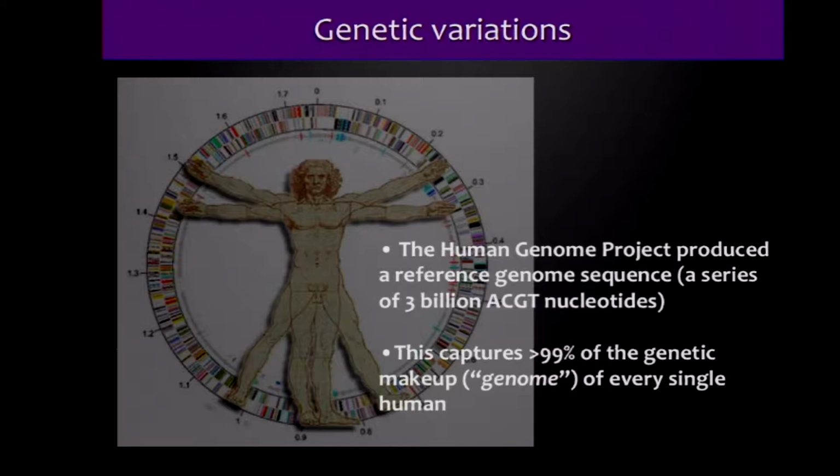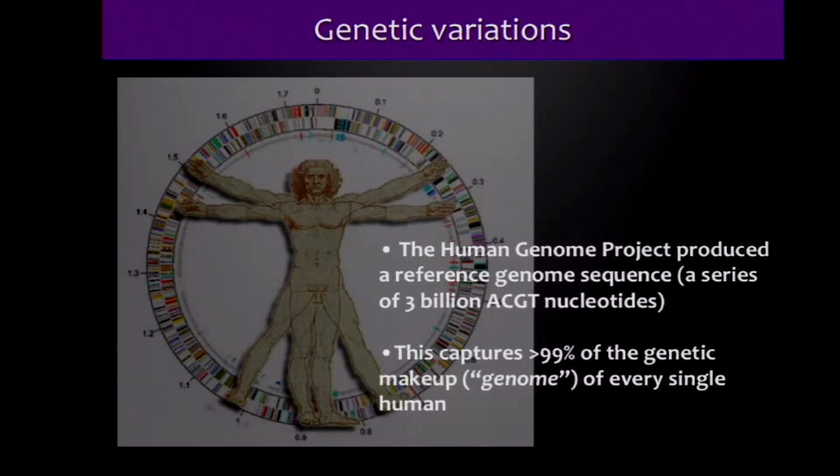So that's why we can talk about the Human Genome Project, because for the most part, your DNA is going to be very similar to what was sequenced back in 2001, right? Turns out it's over 99% accurate for any individual. Okay, so any one of us can call it our genome sequence.